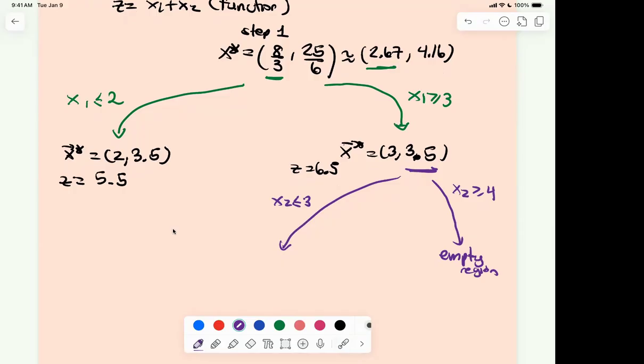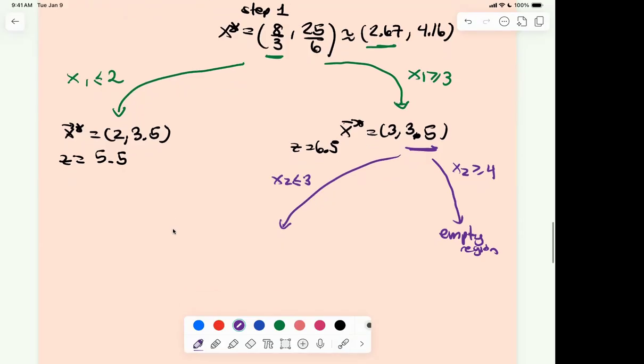And so if you added that condition, then the x star that you find was 3.25 and 3. Let me just double check. Is this one, right? 3.25 and 3, perfect.